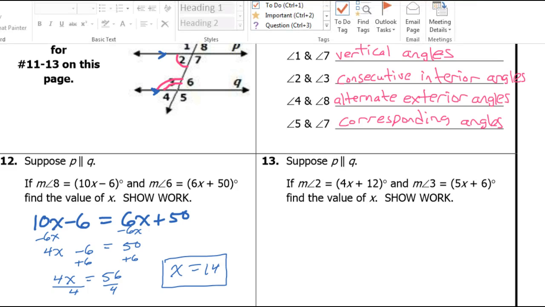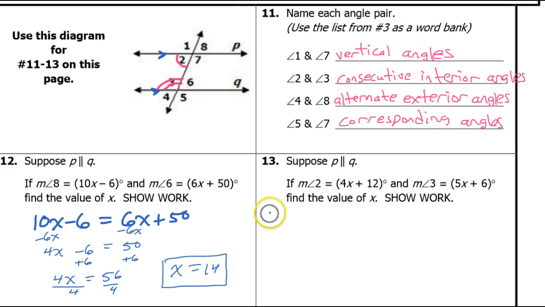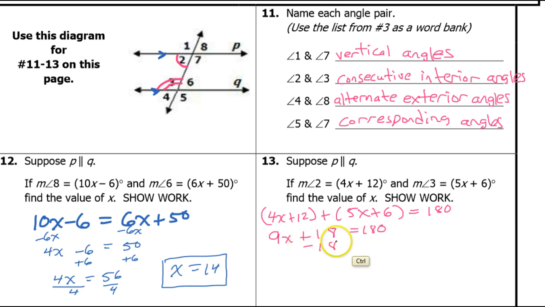So I'm going to make this little equation that says 4x plus 12, plus 5x plus 6 must equal 180. So combining like terms, I'm going to have 9x plus 18 is equal to 180. And then I subtract 18 from both sides.